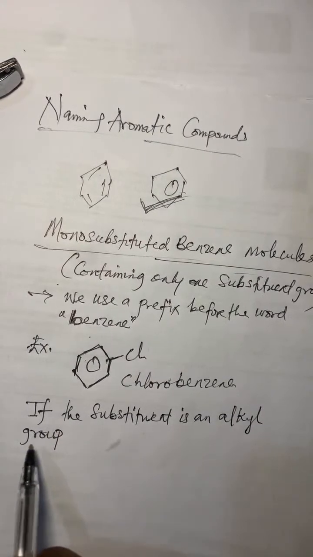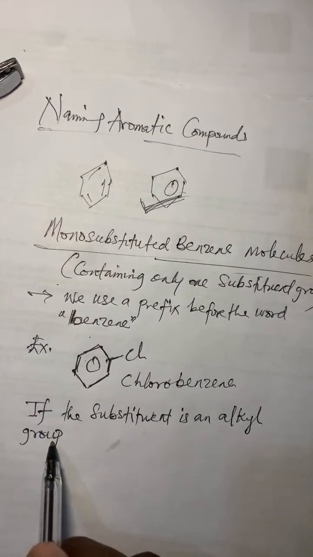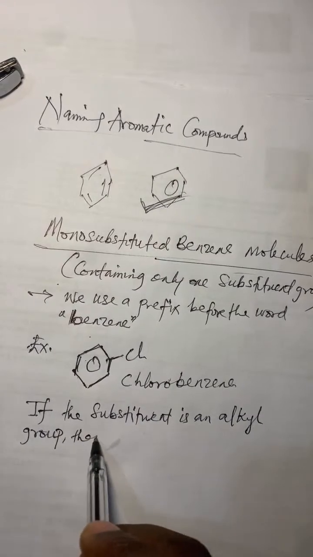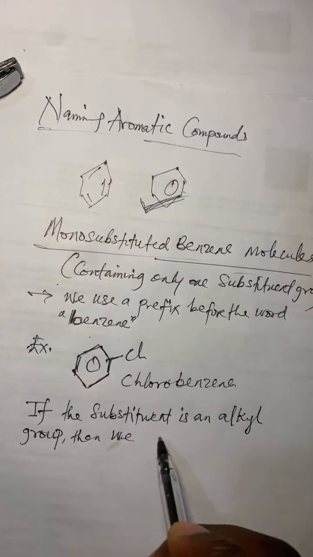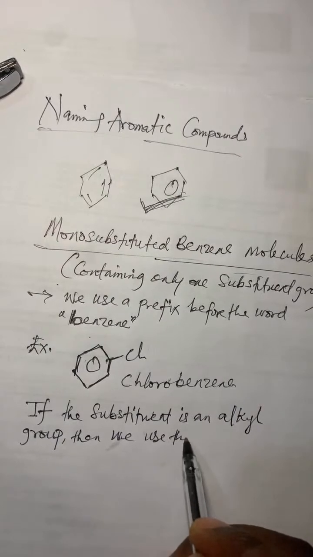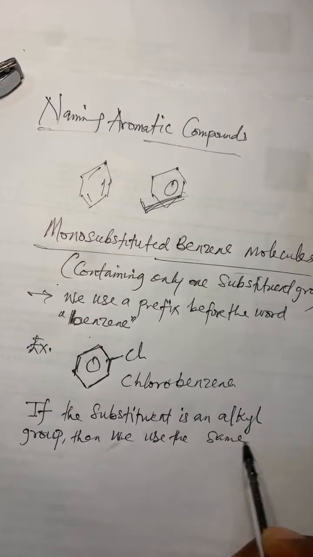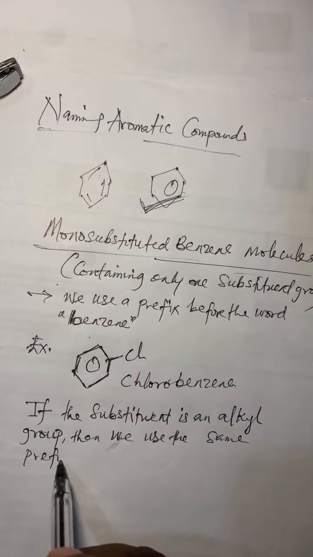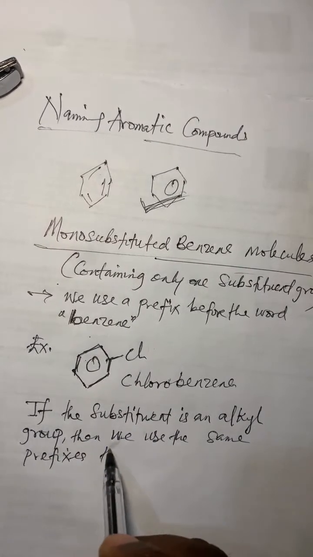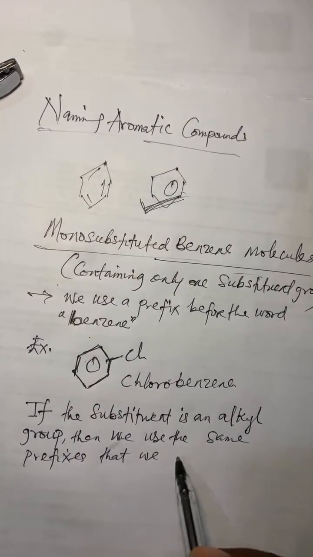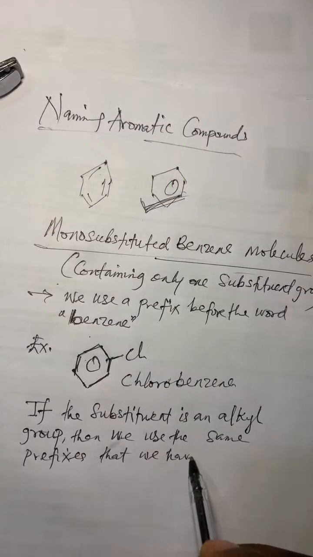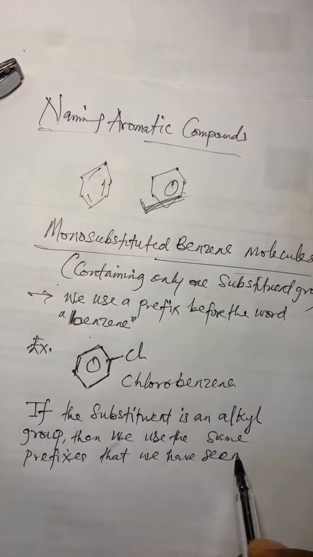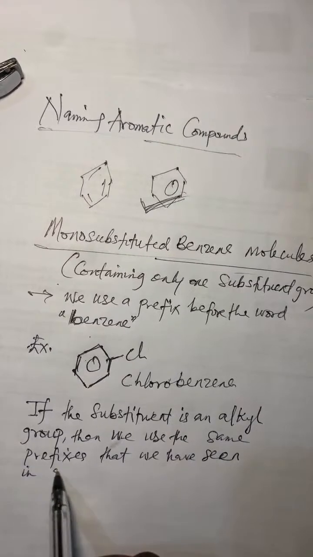All right. So if the substituent is an alkyl group, then we use the same prefixes that we have seen in organic chemistry.